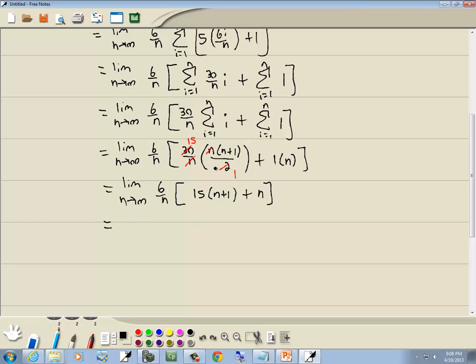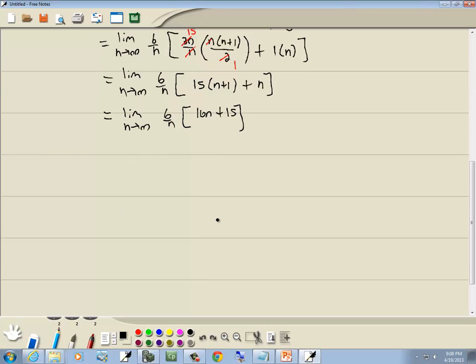Let me double check myself here. Okay. So we got the limit as n goes to infinity of 6 over n. 15 times n is 15n plus n is 16n, plus 15 times 1 is 15.